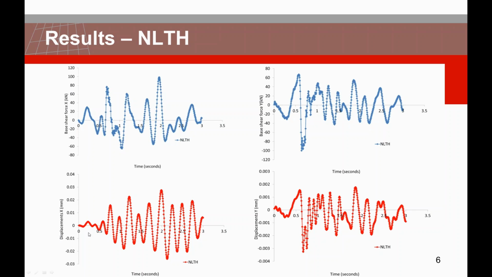As we saw that the pushover mode shape 1 was the most critical, we will compare the extreme results of this nonlinear time history in the x direction with the pushover of mode shape 1.